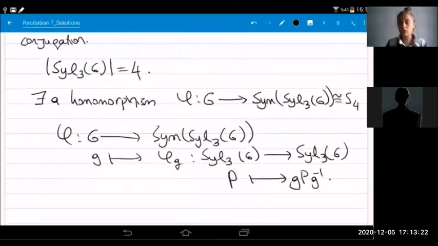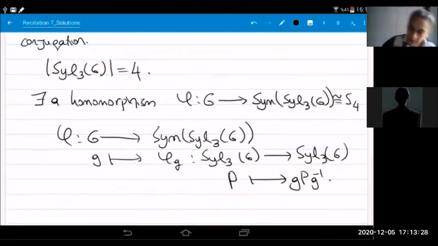Right? Action by conjugation means this one. Now, what is the kernel of this action?